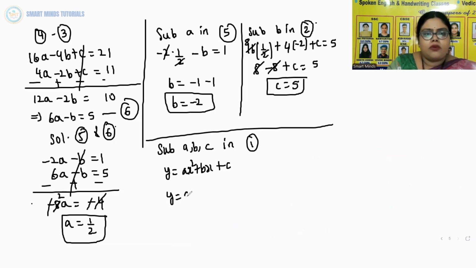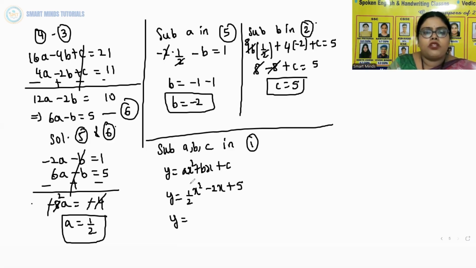So y is equal to a into x square, a we are substituting, no? So a is 1 by 2 x square plus b is minus 2x plus 5.